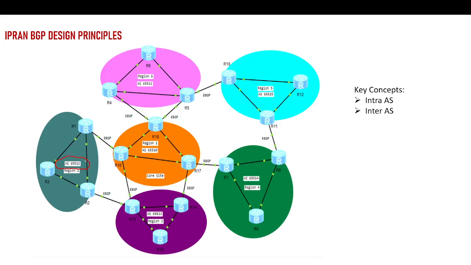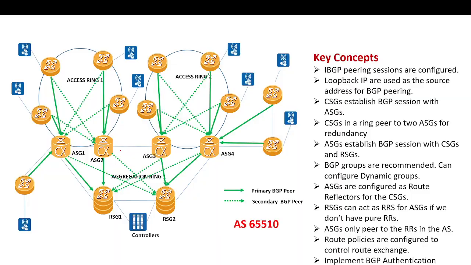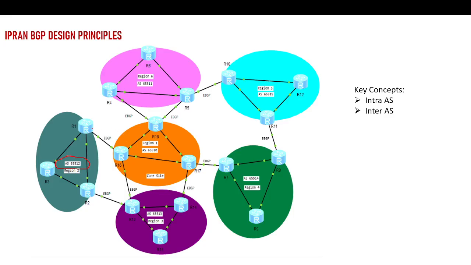So you can have a town, you can have maybe a region or a state having a unique autonomous system number. And once you have this unique autonomous system number assigned, you also need to have connectivity between the different autonomous system numbers. So you will have a connection from, for example, region 1 and region 2, and then this is region 3 and region 2 also have a connection.